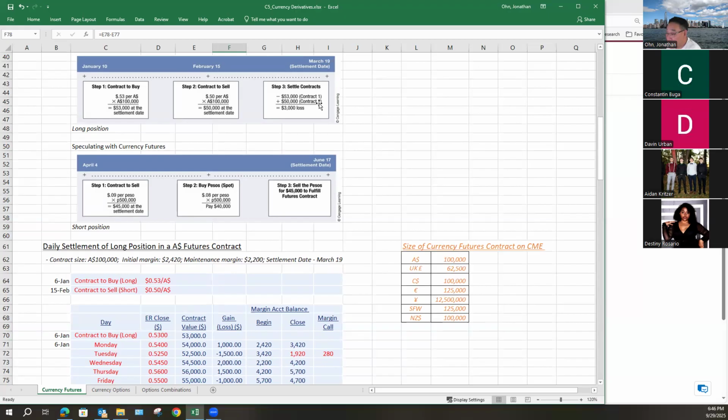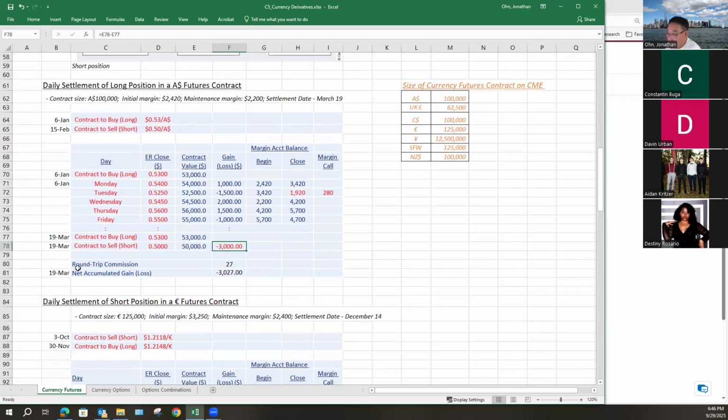It happens. And suppose you have a round trip commission. If you reflect commission here, your total net loss will be $3,027. Okay, $27. That is an example of the trading and daily settlement of a long position in the Australian dollar futures contract.